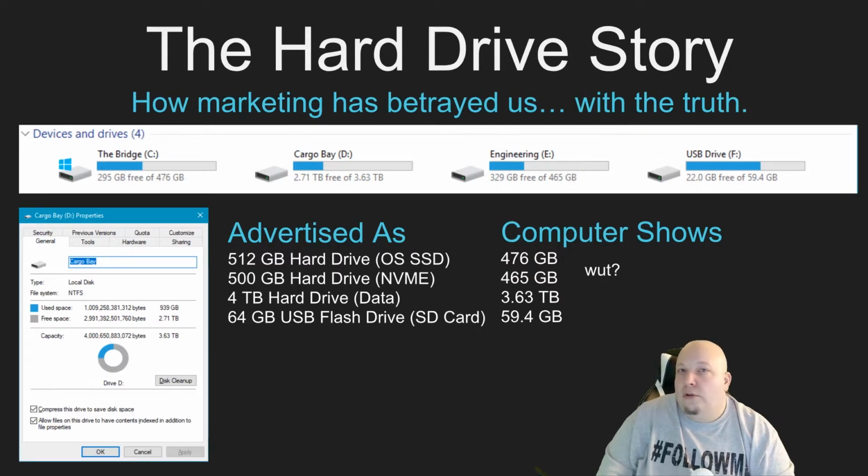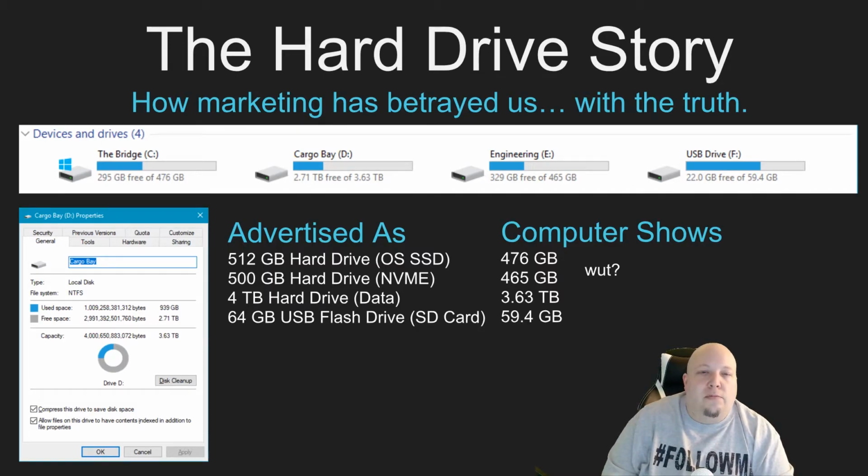It said that it was 4 terabytes. And then I installed that hard drive and added it to Windows, and when I turned on my computer, it says that I only have 3.63 TB, not 4 terabytes, which is what we would all expect, right?